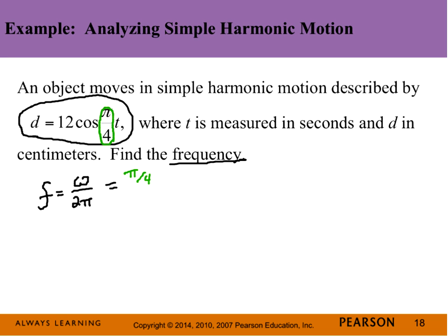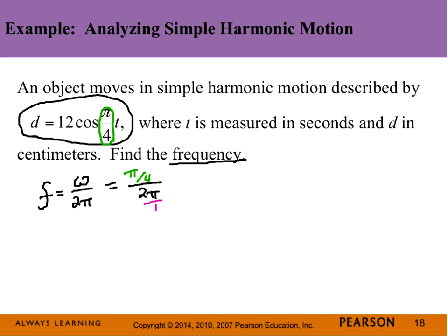So let's plug in what we know. This has got to be equal to the pi over 4, and that's being divided by the 2 pi from the formula.